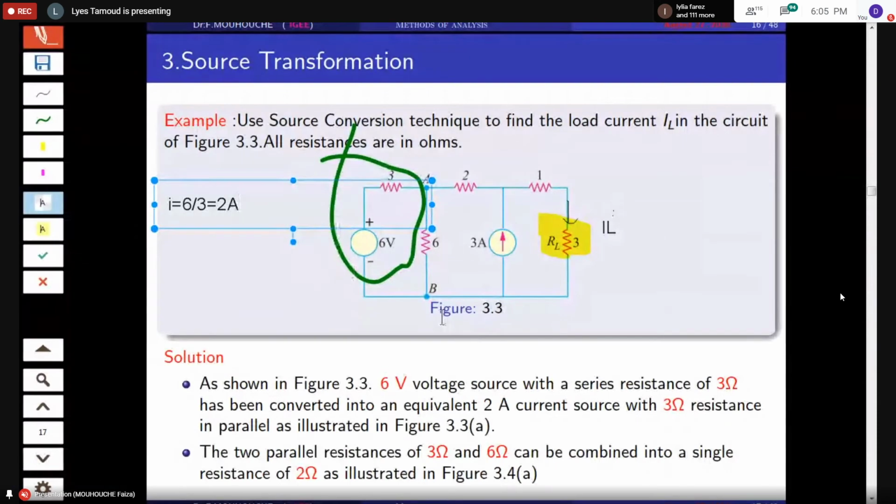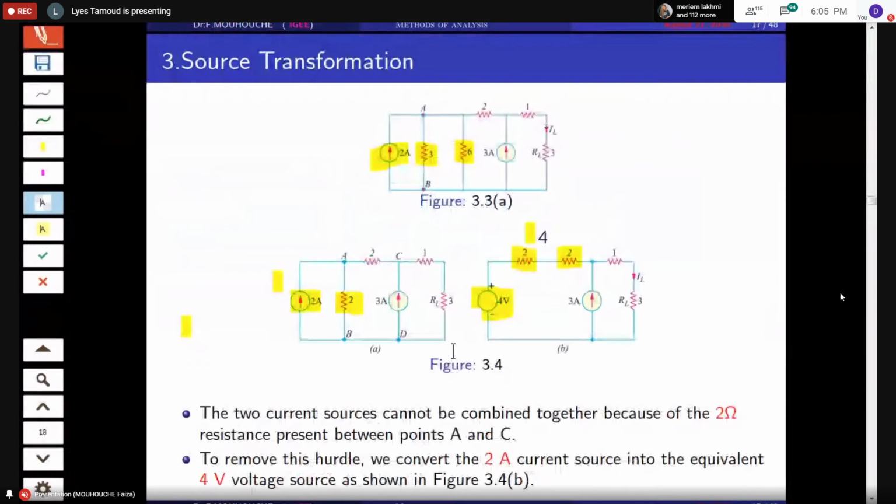And you can see in the first figure here we have 2 ampere in parallel with 3 ohm.